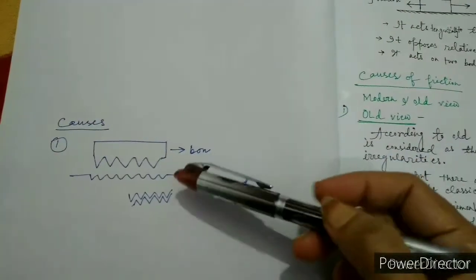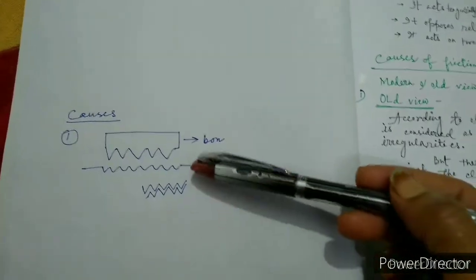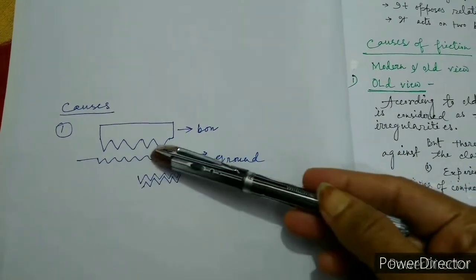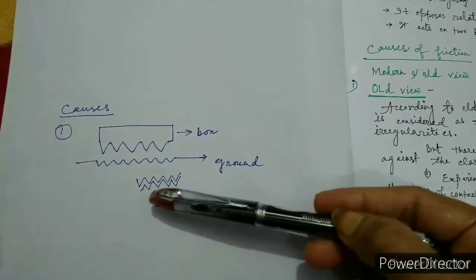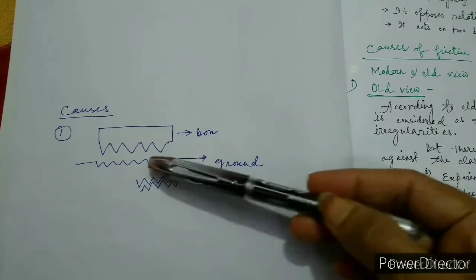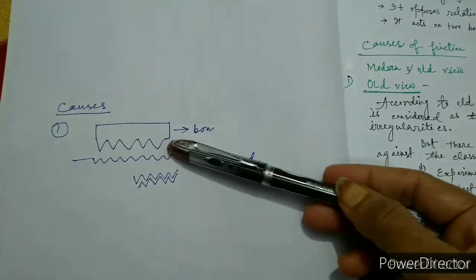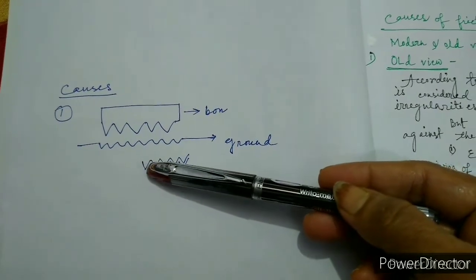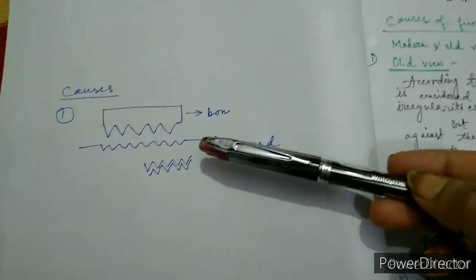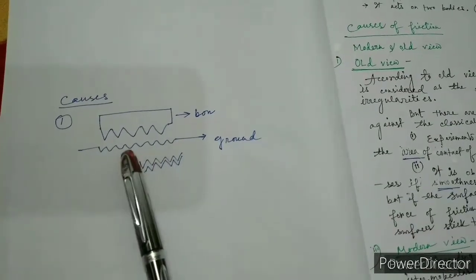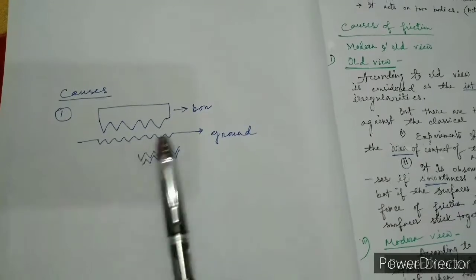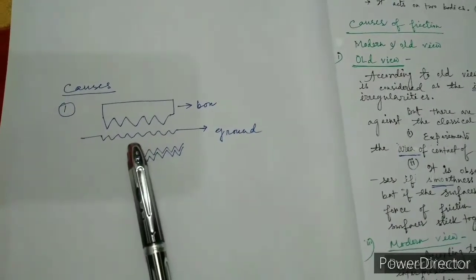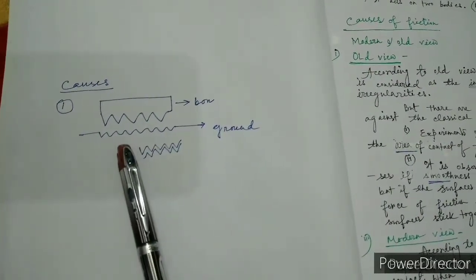Interlocking means, suppose there are two surfaces. One is the surface of the box, and the other is the surface of the ground. Suppose you are pulling this box, that means the box is trying to slide over this ground. If we see these surfaces with our naked eyes, they look completely plain, but actually they are not so smooth.